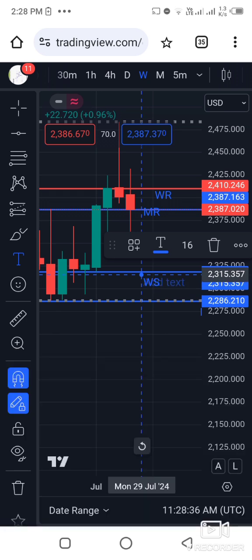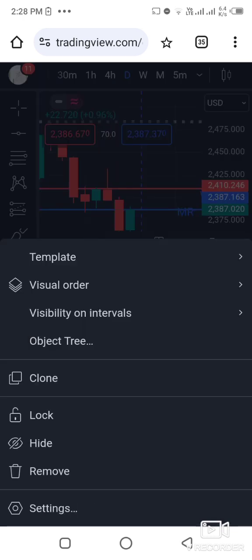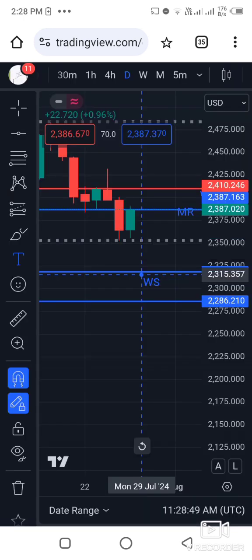Then after that, we'll go to our daily. You can see how the zones are aligning.